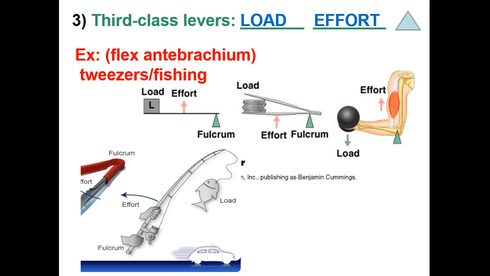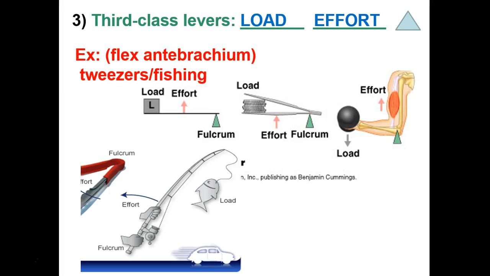But look again at that muscle. Where does that muscle attach? It attaches to the radius. So it's on the distal side of that joint. So the joint is proximal, and then the effort is a little more distal, and the load is the most distal. So the effort is actually between the fulcrum and the load.